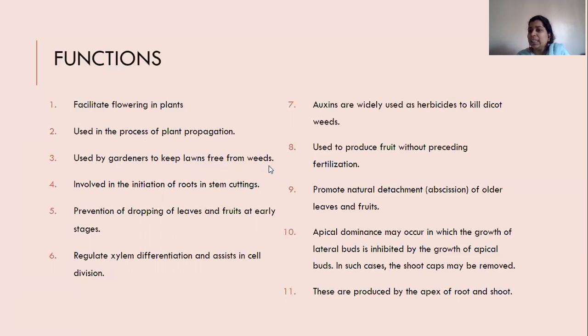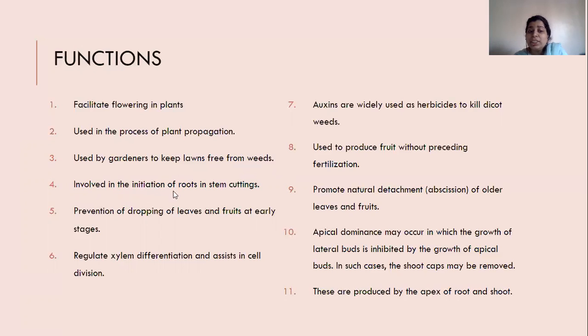This hormone is artificially made, as it was found that it can prevent weeds from coming and infecting the crops.